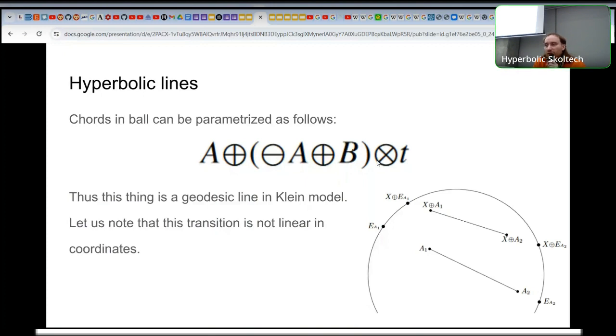Yes, t should be real, an arbitrary real number, any real number.